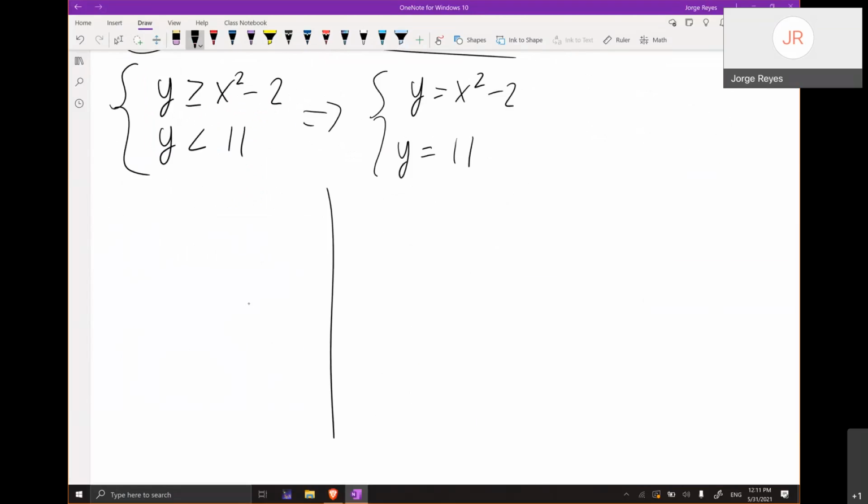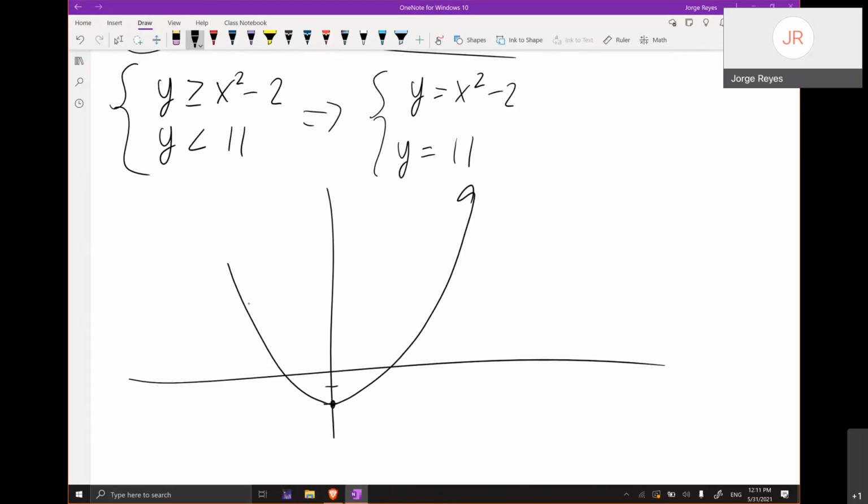So I'm going to put a minus 2, and then the quadratic. And then y equals 11. Let's pretend this is 11. And remember, this one doesn't have an equal to sign, so it gets a dashed bar.